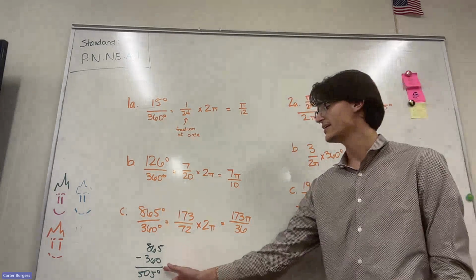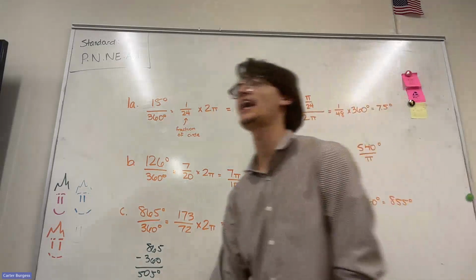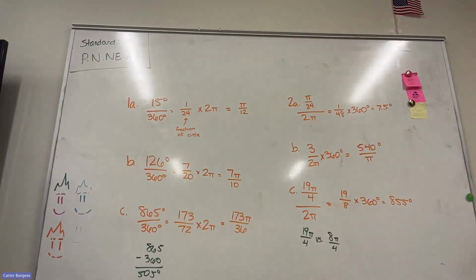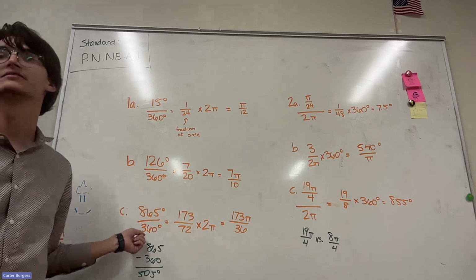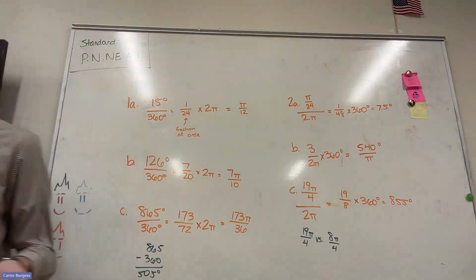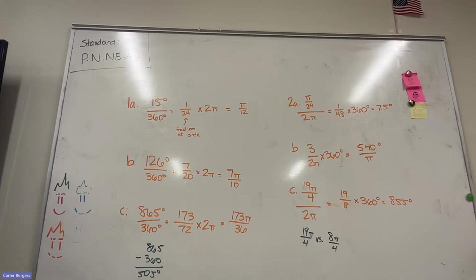In some way, these 3 angles share something that is important, that is making me want to unwind them. But are they the same angle? Is 865 the same as 145? No. There's information in 865 that sets it apart from 145. In particular, it's rotated twice all the way around the circle before rotating an additional 145 degrees to come to its final resting location.